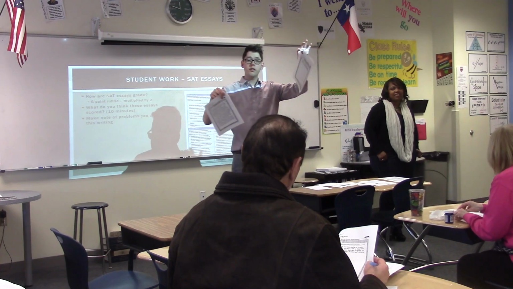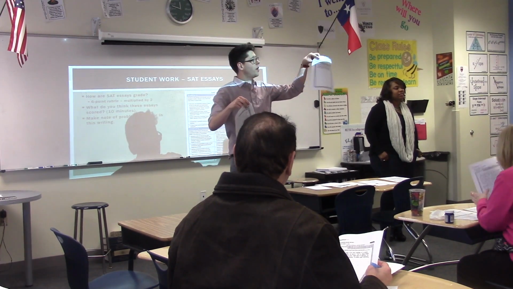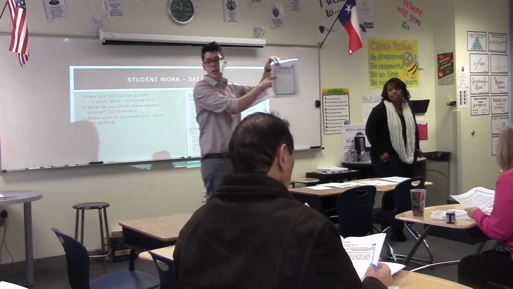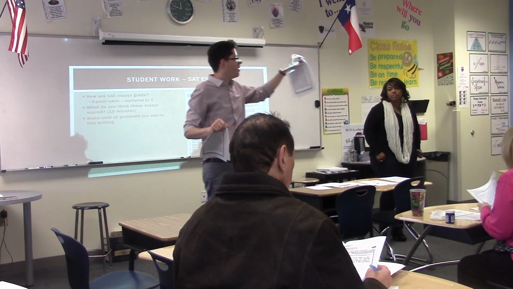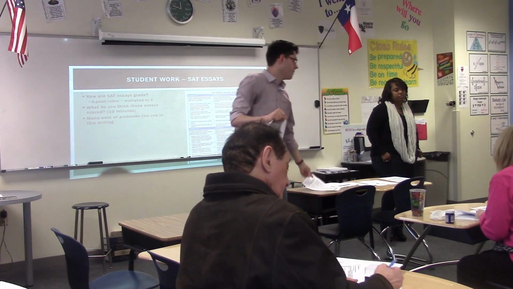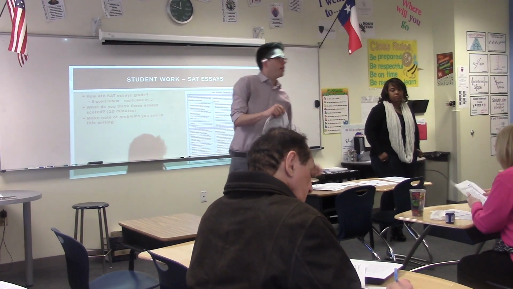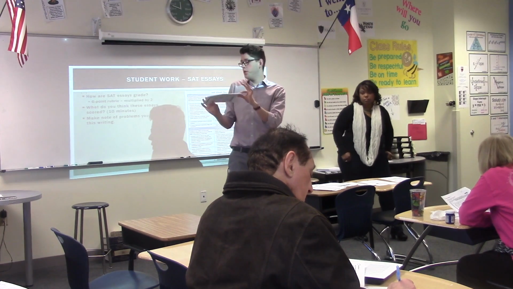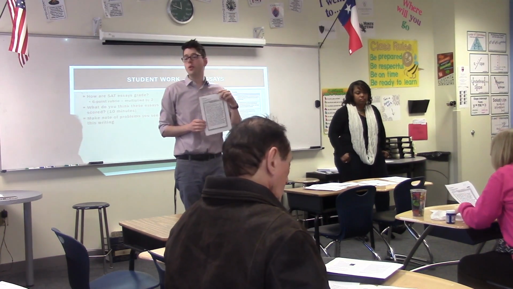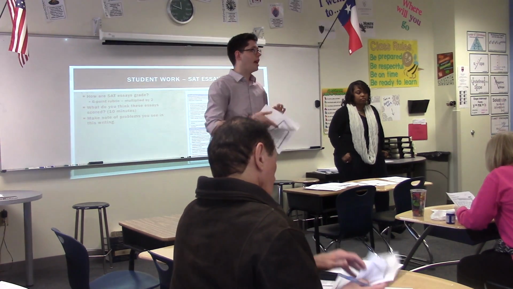The shorter essay, the one that ends about 4 lines into the second page, that's your student 1. So if everybody could write student 1 at the top of that. The longer essay, the student who used both pages, that is your student 2. If you could write student 2 at the top of that.